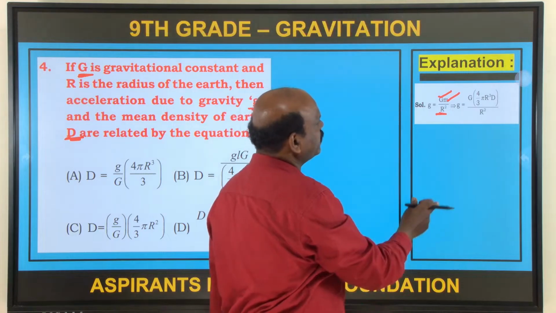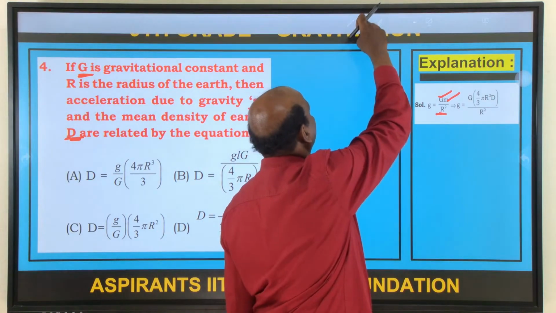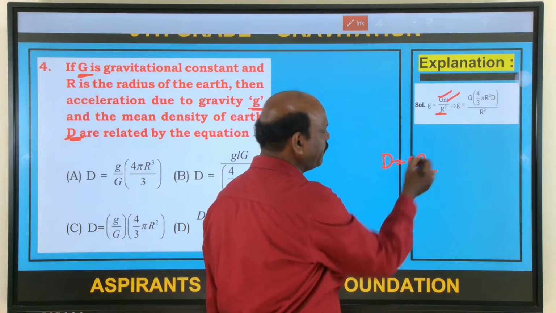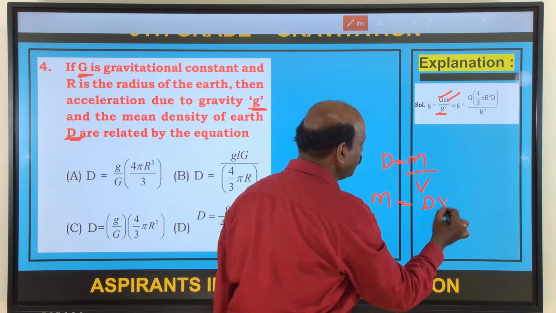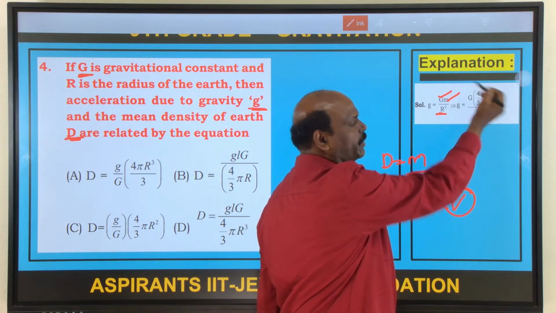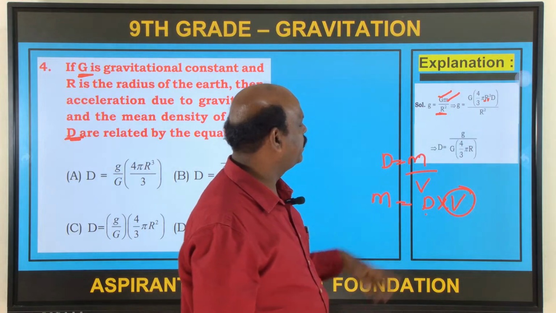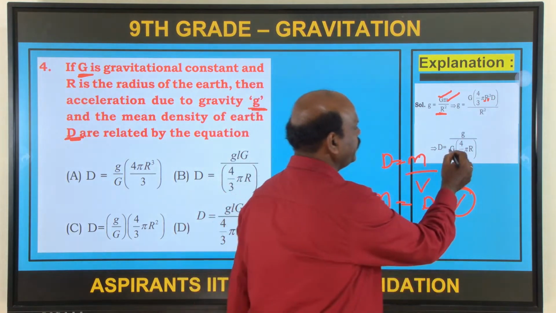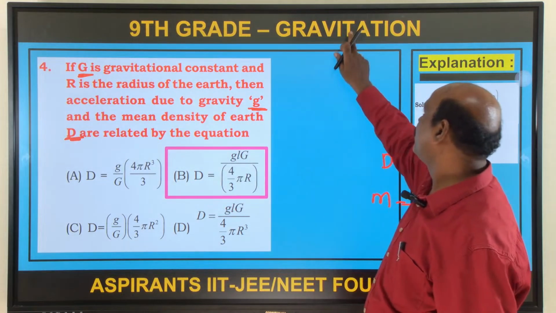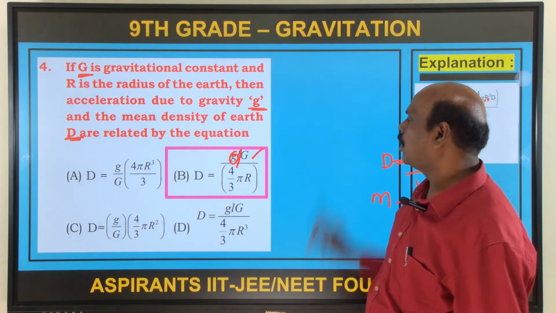Taking mass, we know density is equal to mass by volume, so mass is equal to density into volume, where the volume of a sphere is 4 by 3 pi R cubed, into D. Under simplification, you get D is equal to 3g by 4 pi G R. So this is the related answer, option B.